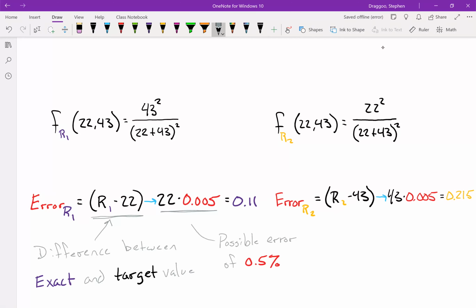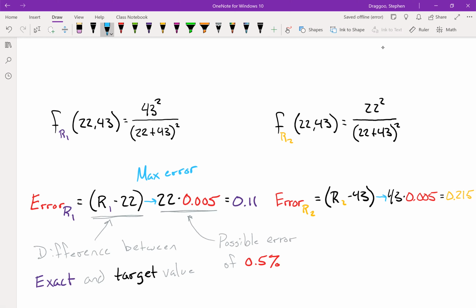And that's what that second piece is. And if we're looking to estimate the maximum error of the total resistance R, then we want to look at the maximum possible error for each R1 and R2. Which is why we're going to say that if we wanted to maximize the error term of R1 minus 22, then it should be 22 times 0.5%, since that's the maximum error we can get to.